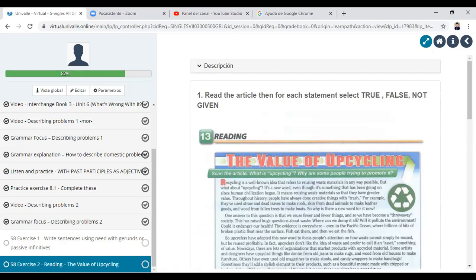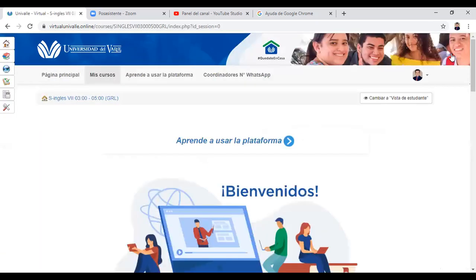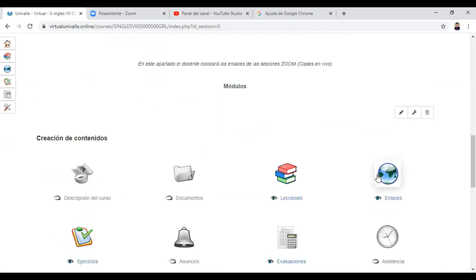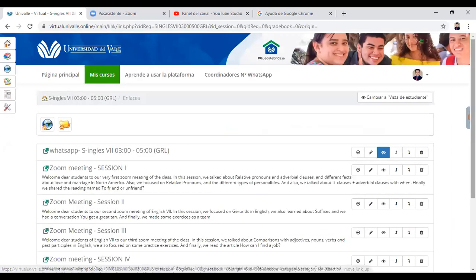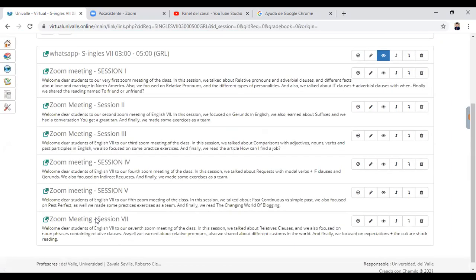Good luck, and remember, if you have a question, a doubt, or a suggestion, please do not hesitate to contact me through the WhatsApp group. For those students who were not able to join the Zoom meeting, remember that every Zoom meeting is available in the links part, and I'm going to show you how to do it. We have it here, in this part that says enlaces. You click on it, select the Zoom meeting that you missed, and it will take you to a YouTube video with a recap of the class.